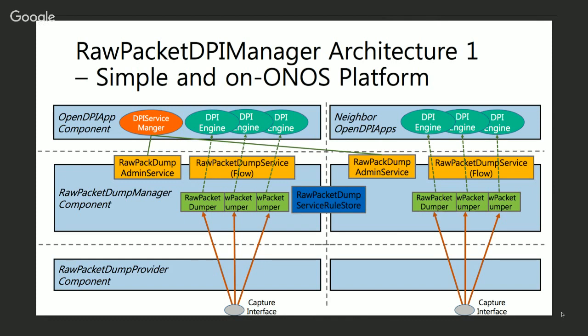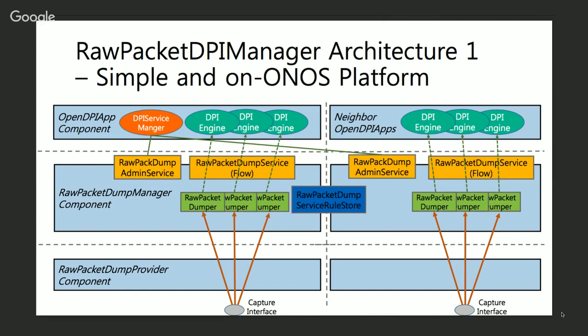And we have a DPI service manager, which can orchestrate the creation and life cycle management of DPI engine processes. And we have packet capturing processes, put into the core part. What it does is basically capture packets and then send them to a particular DPI engine that can serve the DPI processes.